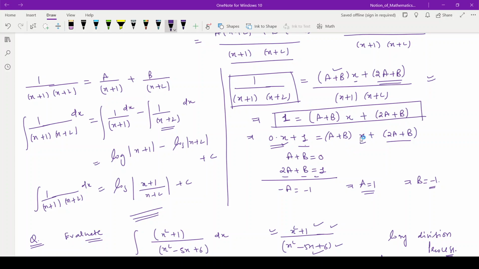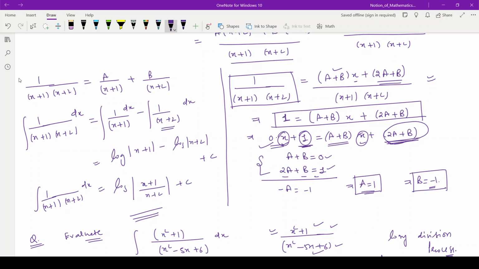By comparing the coefficients of x and then the constant coefficients in this equation, we will get two equations: A plus B is equal to 0 and 2A plus B is equal to 1. That is what I have done here. By solving these two equations, I get A equal to 1 and B equal to minus 1.